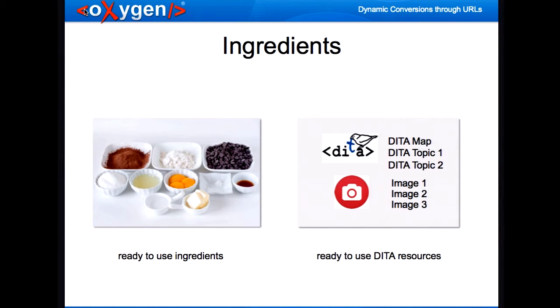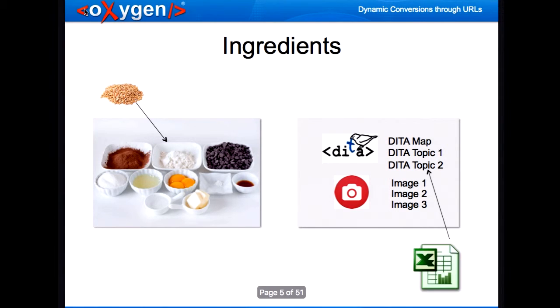So we have this analogy in the end. For DITA, we have topics, maps, images, maybe videos, and so on. And for cooking, we have flour, eggs, cocoa, sugar, like ready-to-use ingredients. The problem is what happens if you have wheat instead of flour, right?